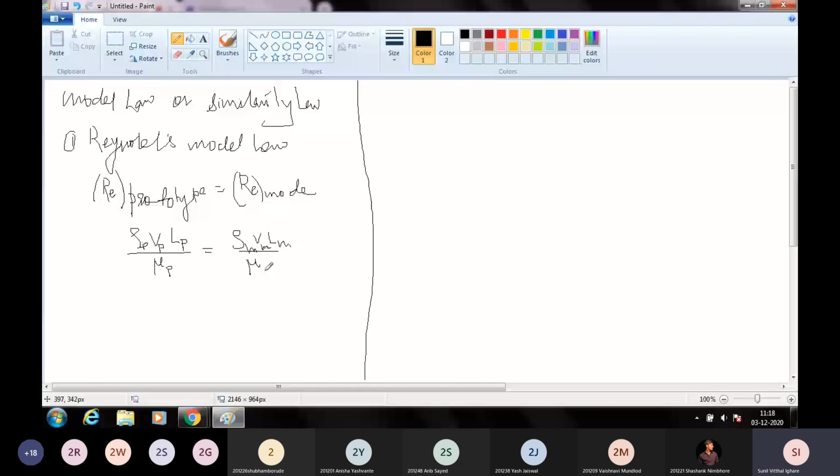Now, if I have to write it in scale ratio, how to write it? Just divide the right side by the left side.